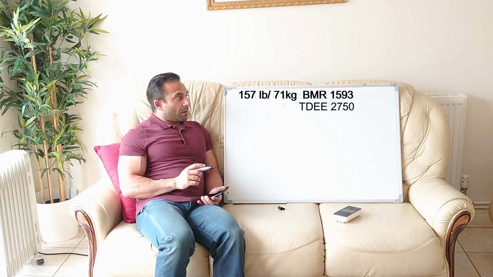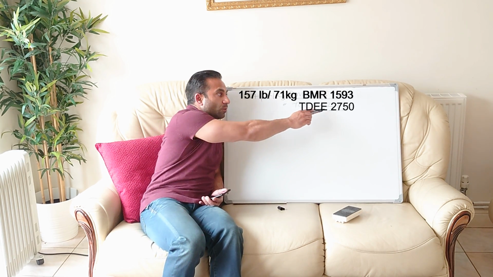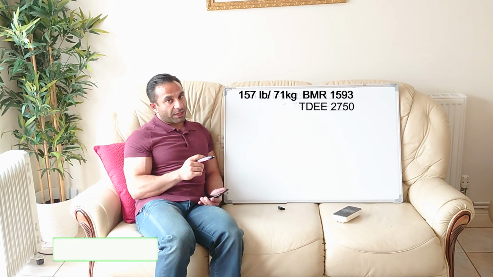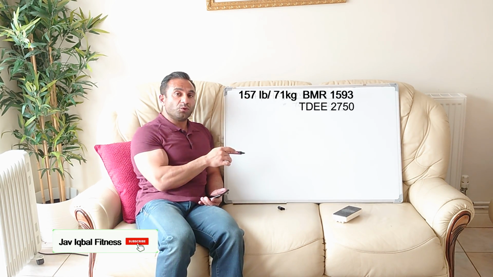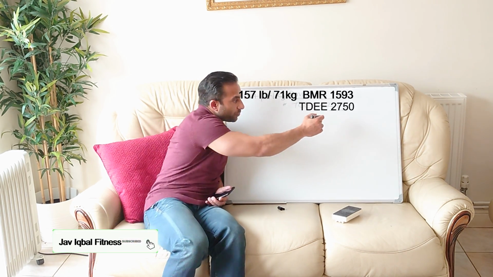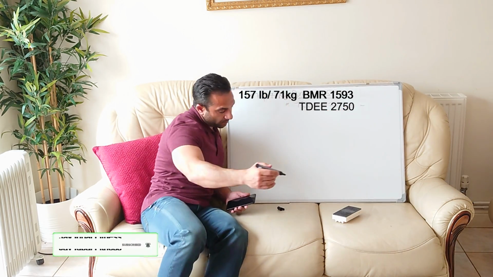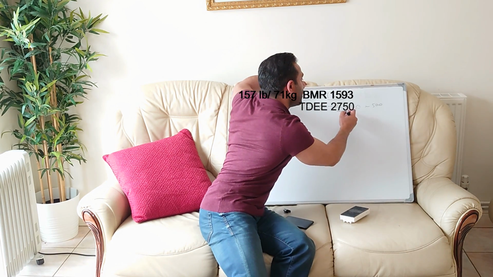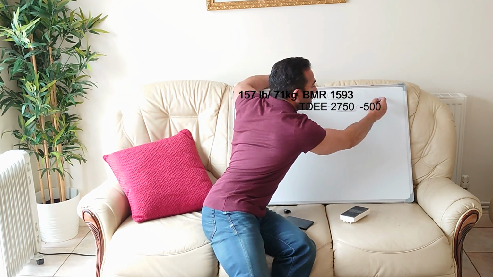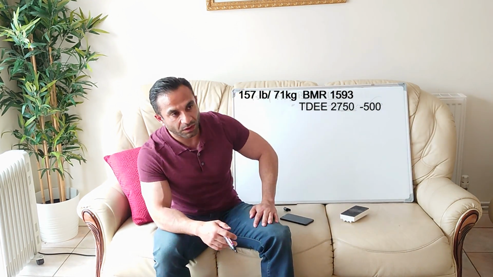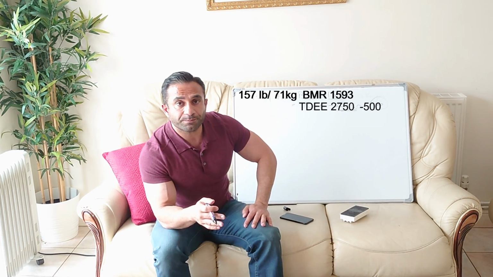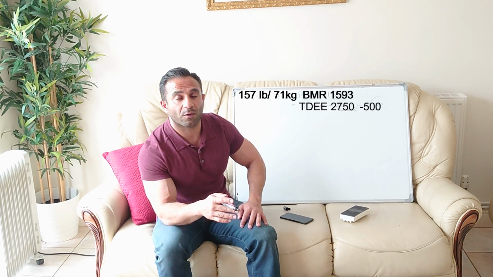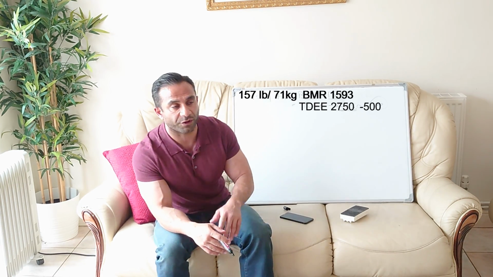Okay? Now, if I wanted to gain weight, I would add 500 to that. And if I wanted to lose fat, I would subtract 500 from that figure. Now, why 500? If you're trying to lose weight, then 1 to 2 pounds a week is a good figure.